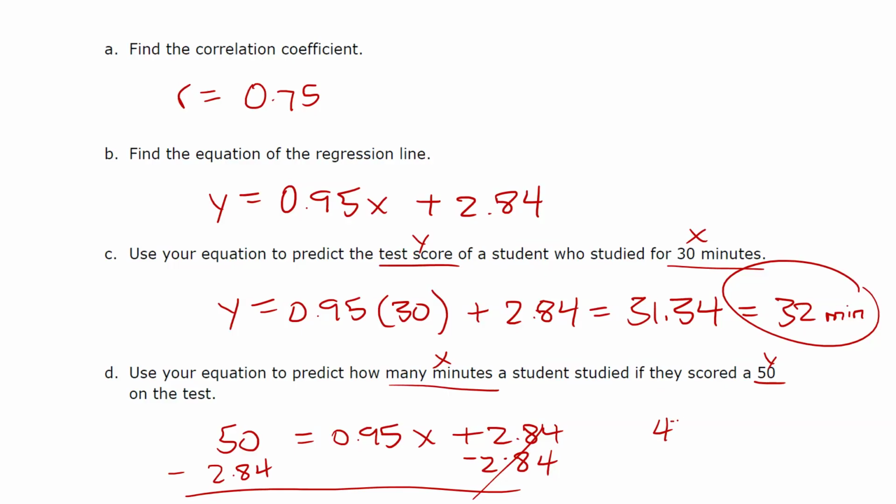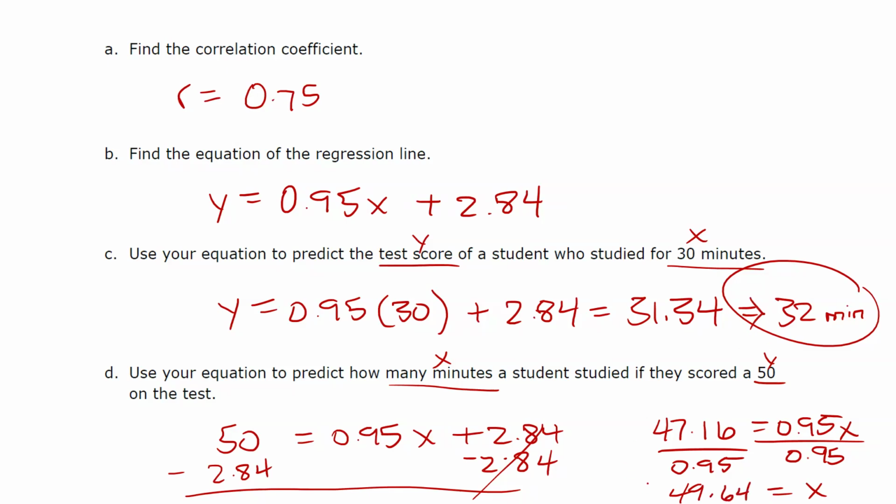So I'm left with 47.16 equals 0.95x. Divide both sides by 0.95. And x equals 49.64. So this is roughly between 49 and 50 minutes.